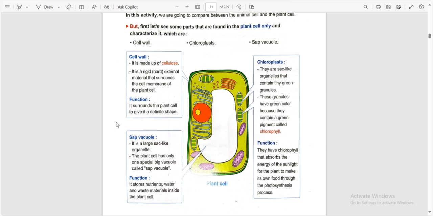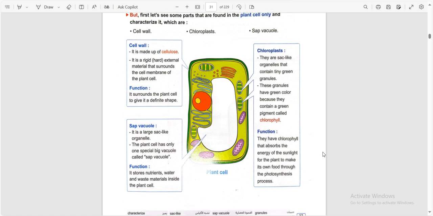Well, something else which is the chloroplasts. The chloroplasts are sac-like organelles. They're like small bags, and they contain granules which give the plant its green color, because it has something inside of it which is called the chlorophyll.